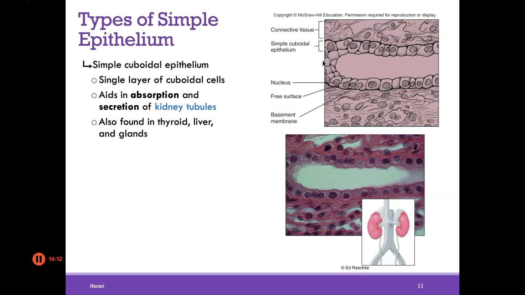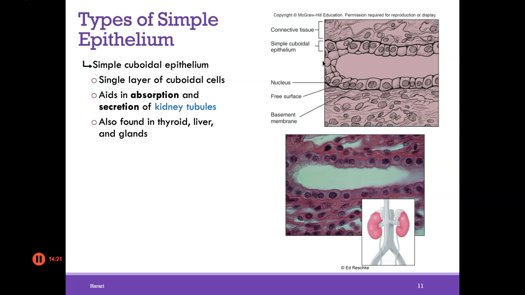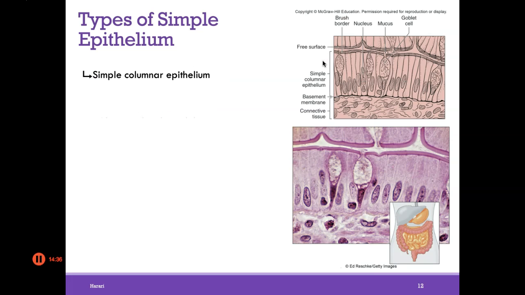So liver, thyroid, glands, and kidneys, you should remember, is where you're going to find simple cuboidal epithelium. So again, this is very important for absorption and secretion in the kidneys. It also helps with moving some mucus around. So that's simple cuboidal epithelium.